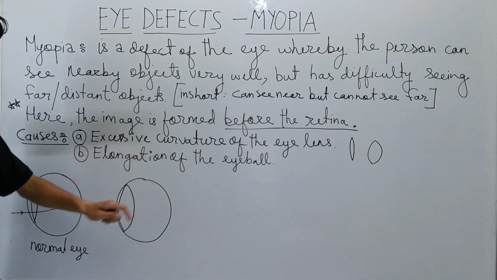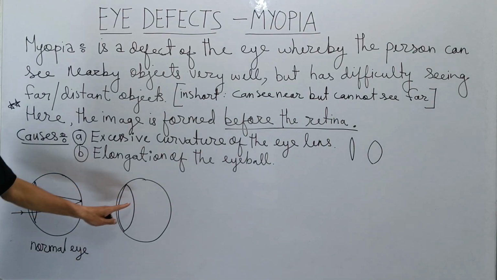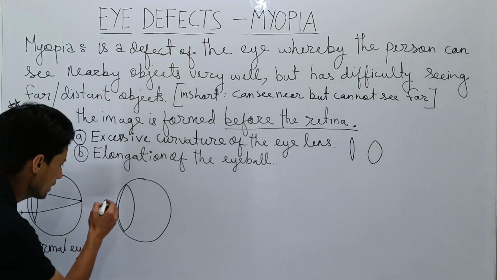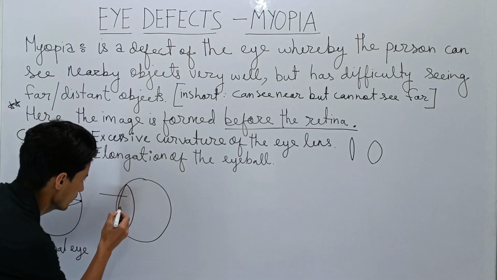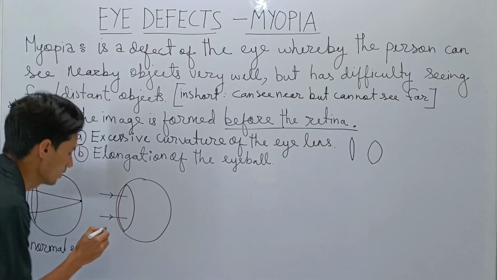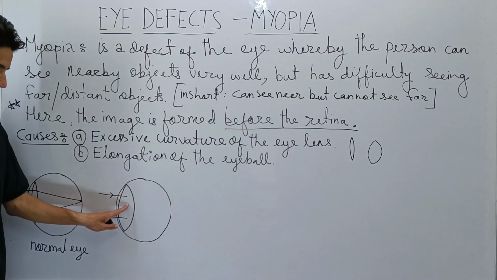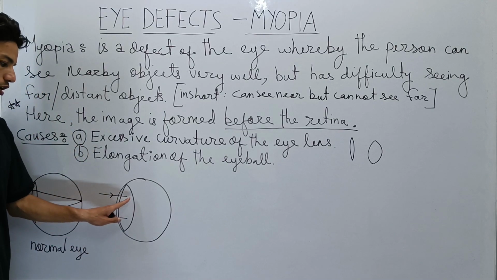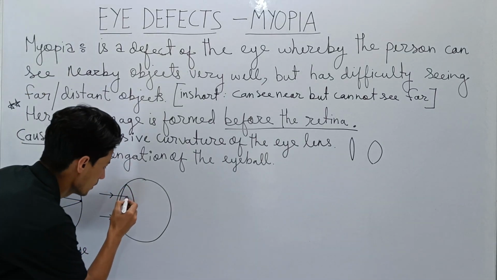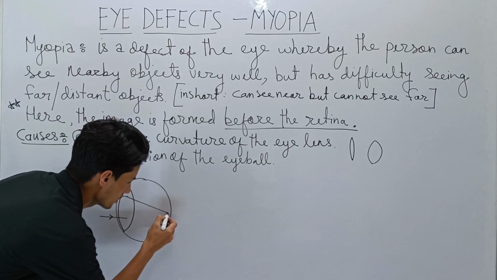Now what about the myopic eye? This fellow has excessive curvature. So what will happen? The same light rays are entering, and having more curvature, this will lead to quick convergence.